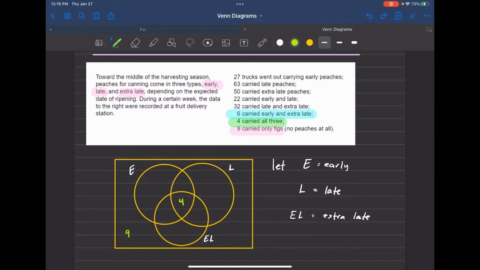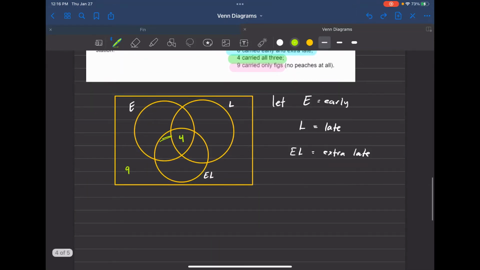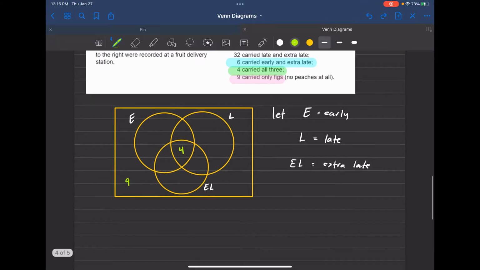That means this piece right here has to be the remaining number of trucks carrying peaches. So for early and extra late, we have 6 minus 4, that will be 2. So 2 of them will go right there. So that's a total of 6 carrying early and extra late.